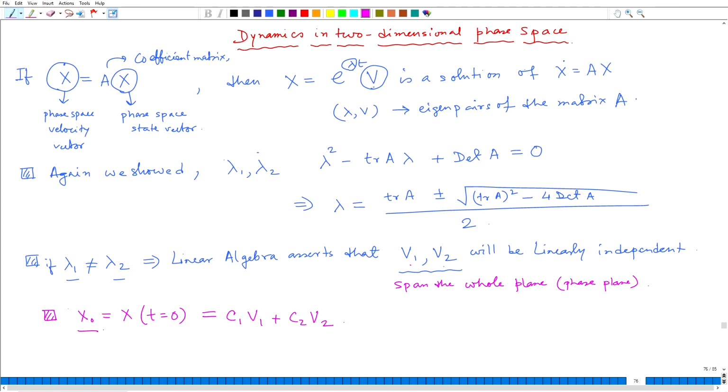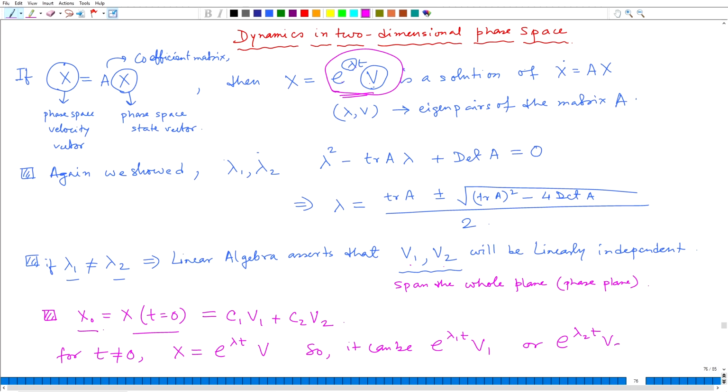And if we want a solution having the form of e to the power lambda t v, then for t not equal to 0 we have x equal to e to the power lambda t v. So, it can be e to the power lambda 1 t v 1 or e to the power lambda 2 t v 2.